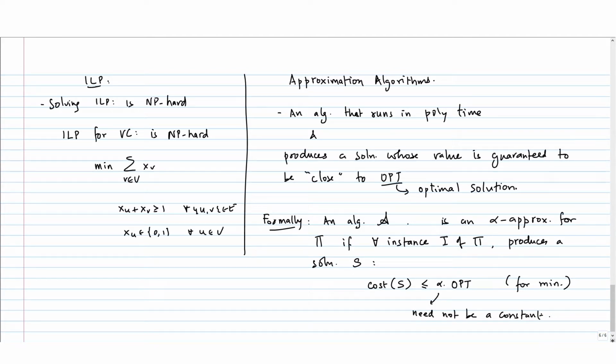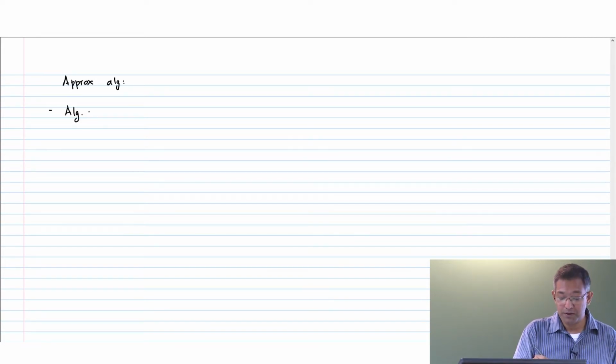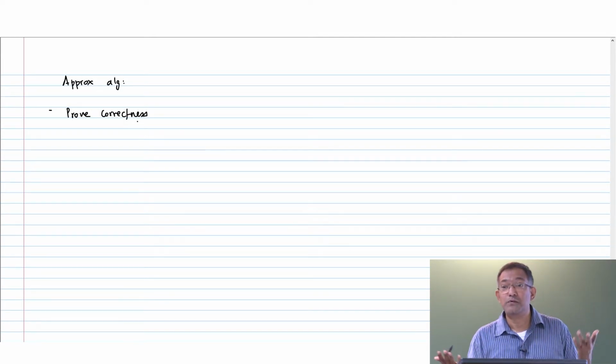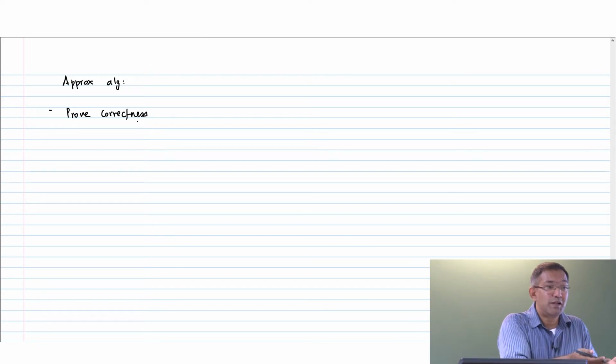Okay. So, when you are designing an approximation algorithm, there are 2 steps. Of course, you will design the algorithm, and you will want to prove correctness in the sense that the algorithm, for example, in this case guarantees to give you a vertex cover.